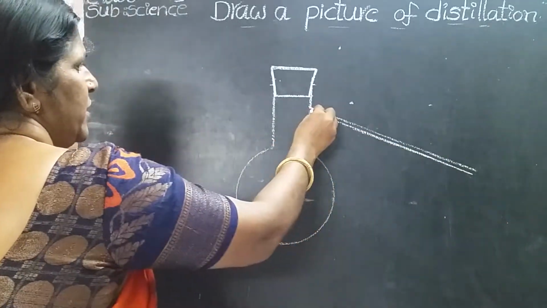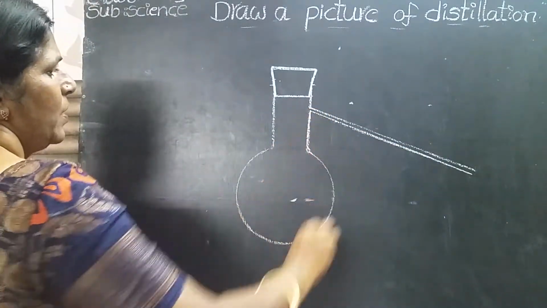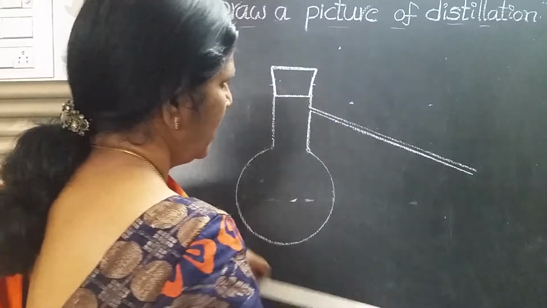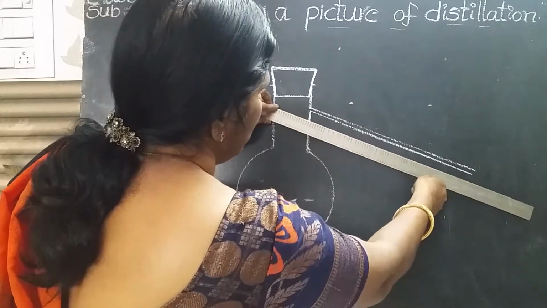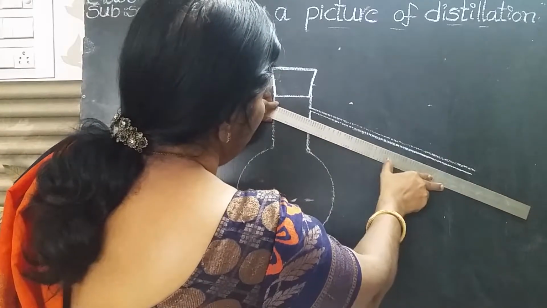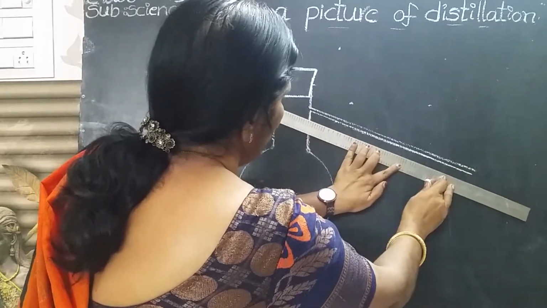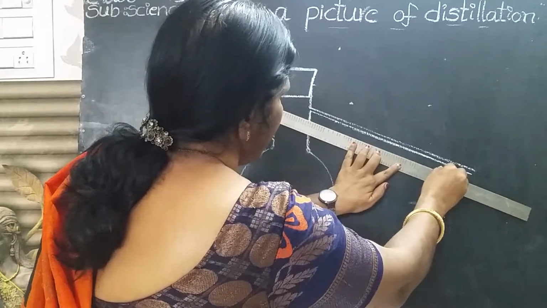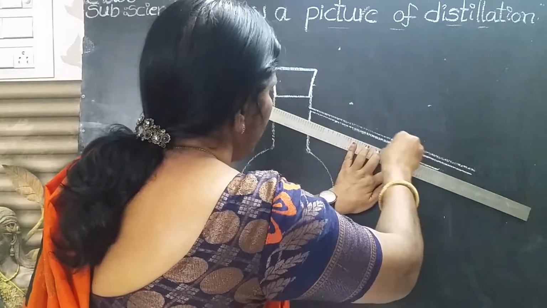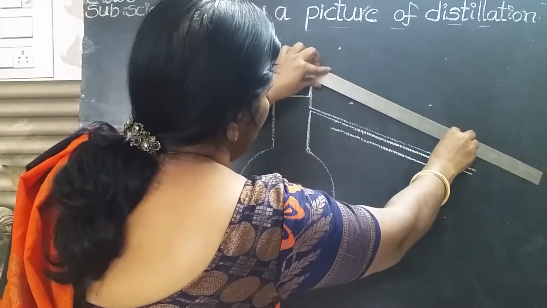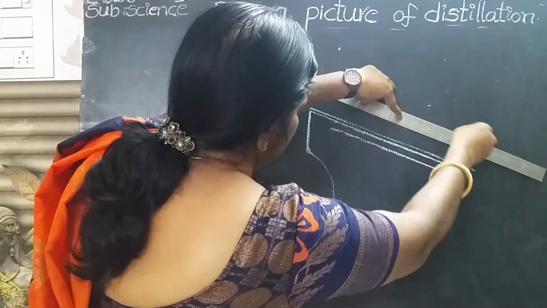Okay, it is very easy to draw. Okay, and here again you have to draw two lines for the condenser, the cool condenser. Okay, here also draw one more straight line.